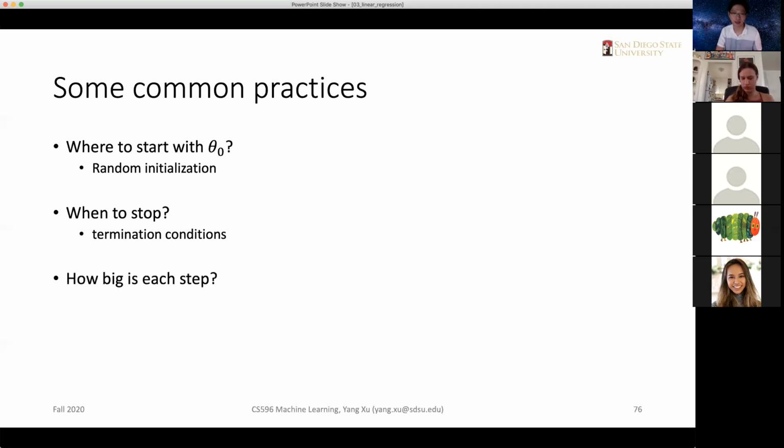Okay, and the third question is how big each step we need to take. So that is a classical question of defining the learning rate alpha. In terms of learning rates, it is also a very practical question.